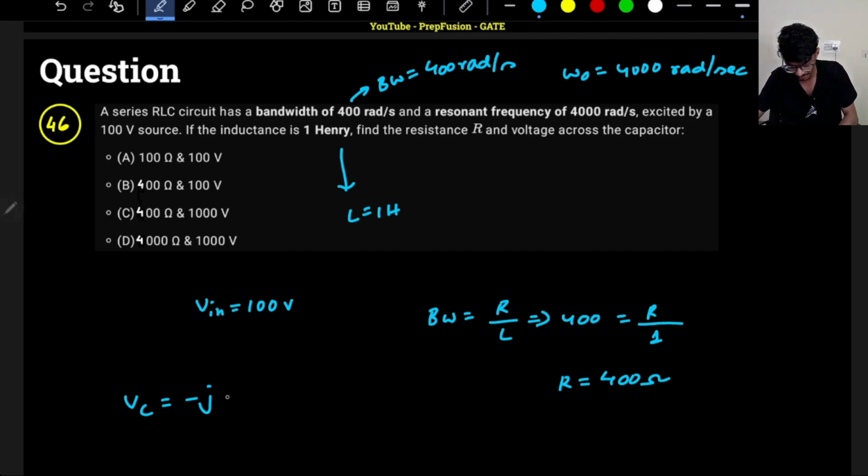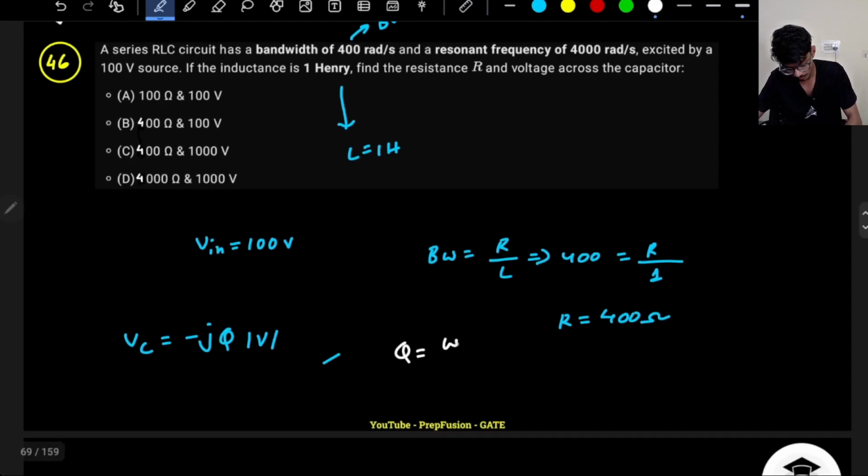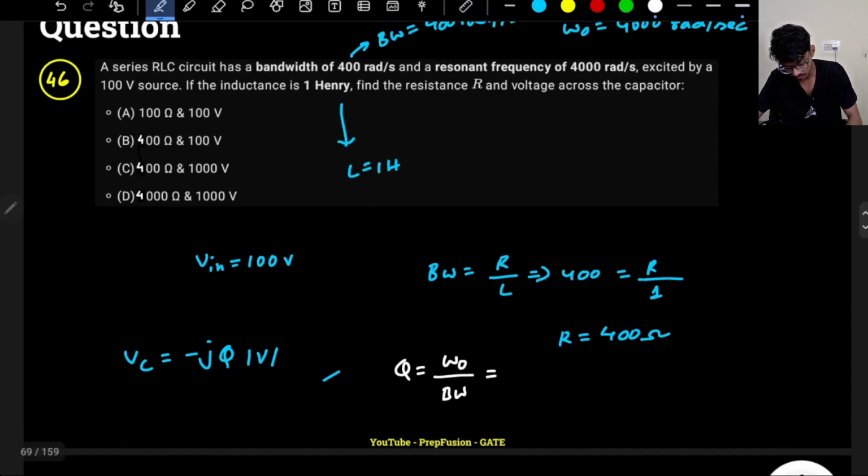So that's why it will be minus J Q times the voltage of the supply. Q will be very simple: omega naught by bandwidth. So omega naught is 4000 radian per second divided by bandwidth 400. So this will be 10. Quality factor will be 10.